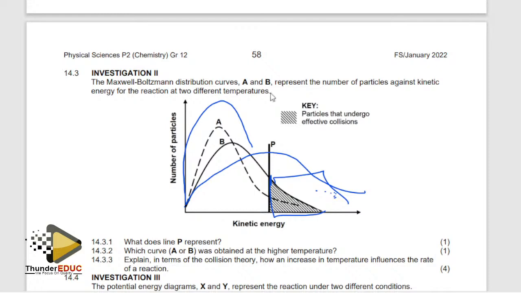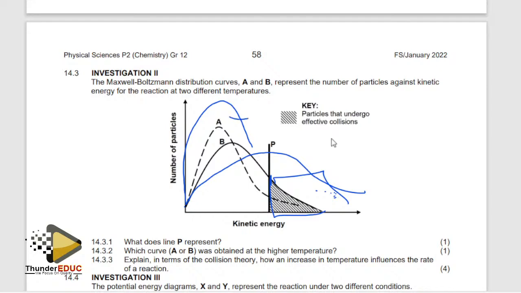Then now when they ask you how do you explain the reaction using the collision theory, and the increase in temperature or catalyst, please make sure that you know when you explain this, there are some things we are looking at.